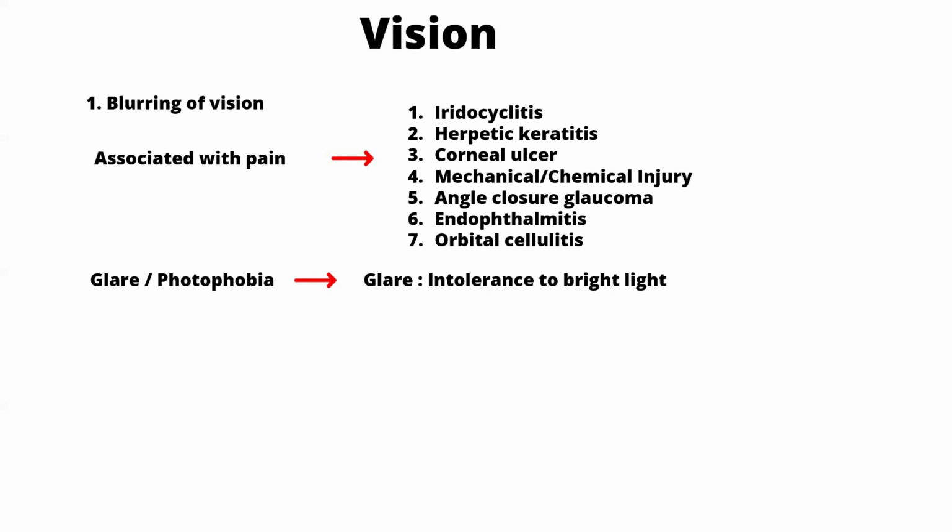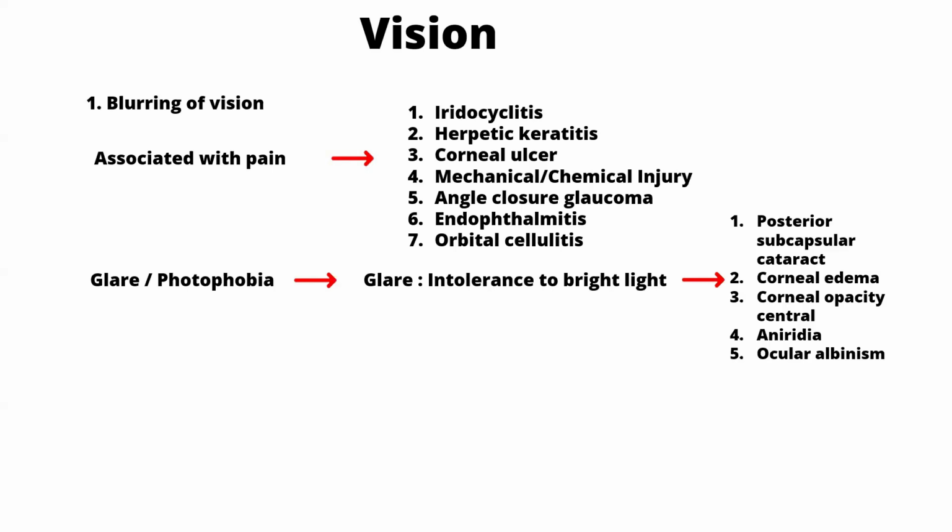A person presenting with blurred vision, but more glare, says he's more troubled at night by the light of incoming vehicles. Then you will probably be thinking of posterior subcapsular cataract, corneal edema, central corneal opacities, aniridia or ocular albinism, where there's increased entry of light into the eye. These can present with intolerance to bright light, glare.